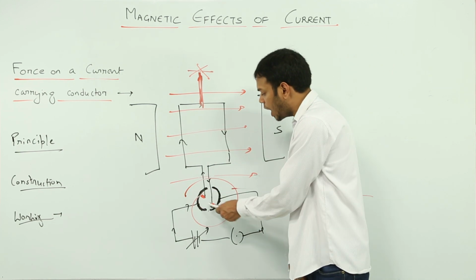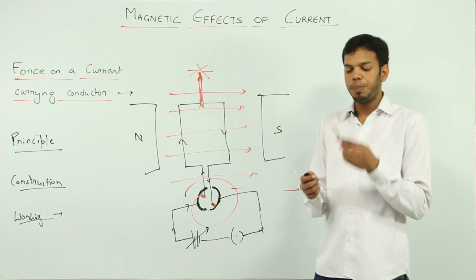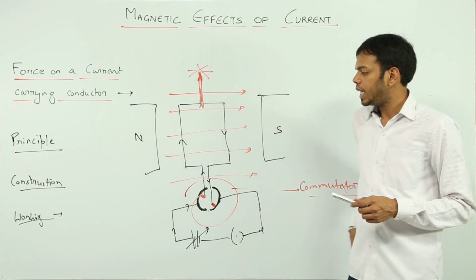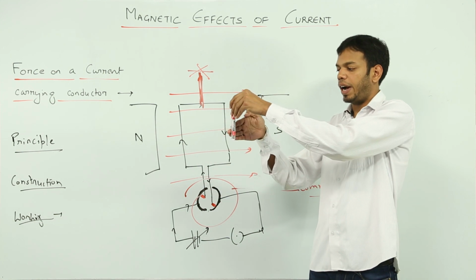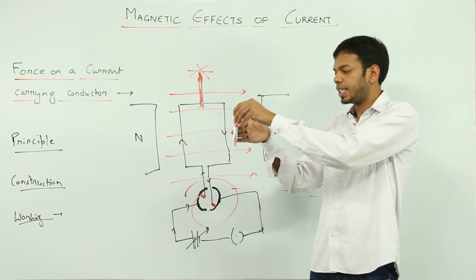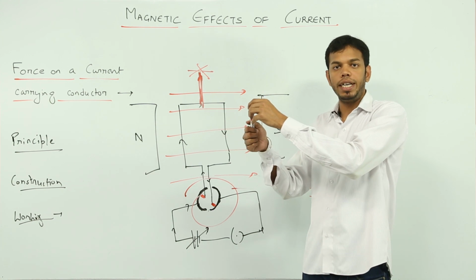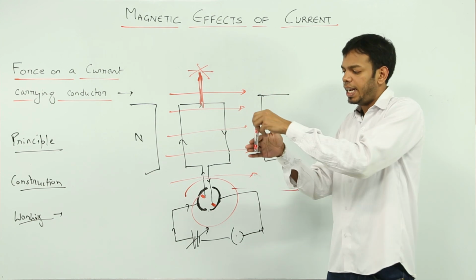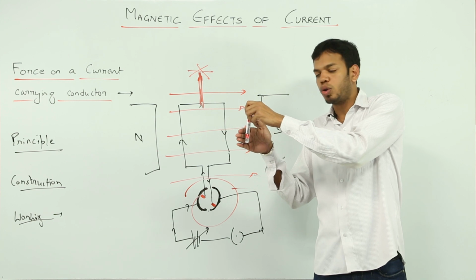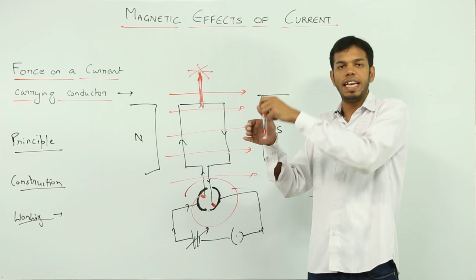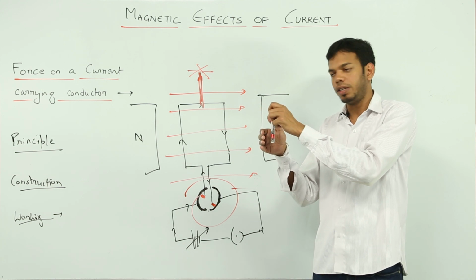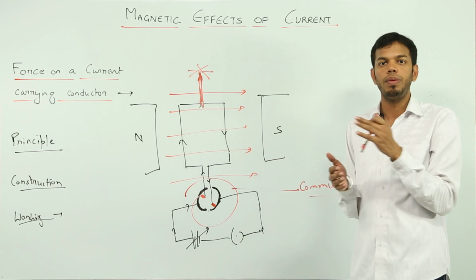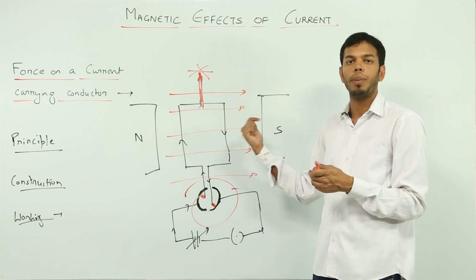The purpose of the carbon brushes was that, suppose this is my wire and this is my ring, my hand. The wire is rotating in connection with the ring, but at any point, due to any technical snag, it can get minorly out of contact, right? Because these are very stiff arrangements. If it gets out of connection, the whole circuit breaks and there will not be any flow of current and it will stop rotating.